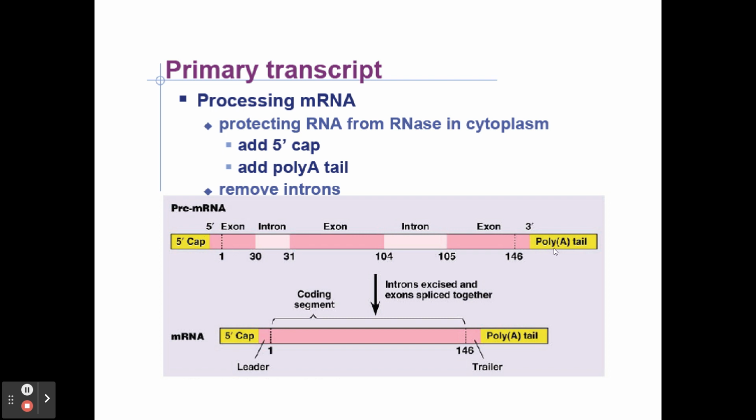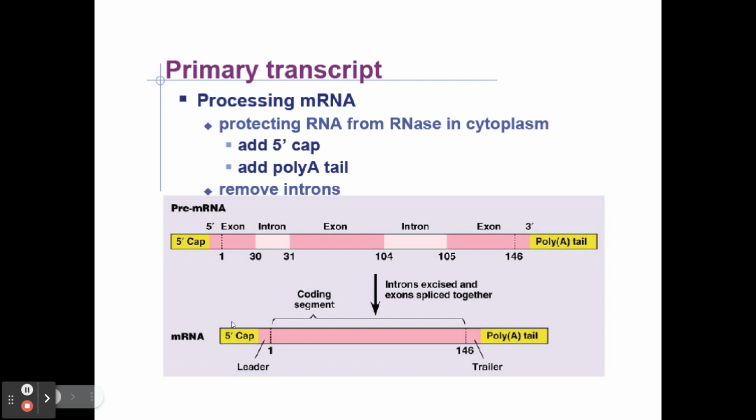And then we're going to add what's called a poly A tail, which just means a tail of many adenines, and that can have 50 to 300 adenine nucleotides on the end. That helps determine how long that particular messenger RNA molecule will last before it is degraded, because enzymes are going to start eating away at this tail. And the longer that tail is, the longer that messenger RNA molecule will continue to produce proteins.